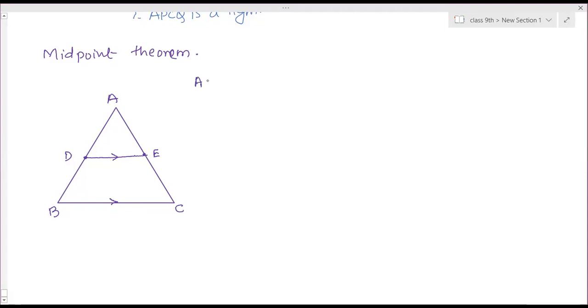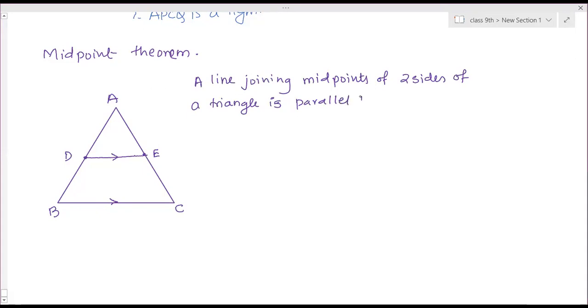A line joining midpoints of two sides of a triangle is parallel to the third side and half of the third side.